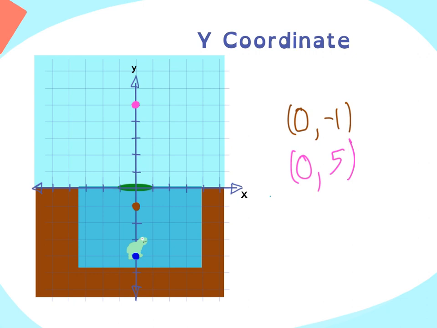Now, for the -4, we need to make sure that we put it in the y-coordinate's place. The y-coordinate is the second number, so we're going to put it after the comma. Once again, the x-coordinate is 0 because we did not move left or right.